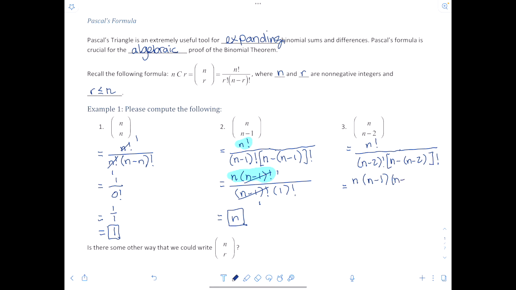N times N minus 1 times N minus 2 factorial all over N minus 2 factorial. And then N minus 2 gives us positive 2 factorial. And so again, matching up the N factorial to this expression here in the numerator, the N minus 2 factorials divide out to be 1. 2 factorial is 2, and then I end up with N times quantity N minus 1 over 2. Groovy, huh?